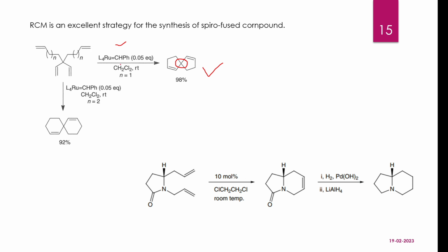Here, how will it get joined? There are n number of double bonds. When n equals 1, this and this will join, and this will join. It will give us two fused cyclopropene rings, and when n equals 2, we'll get two fused cyclohexene rings.